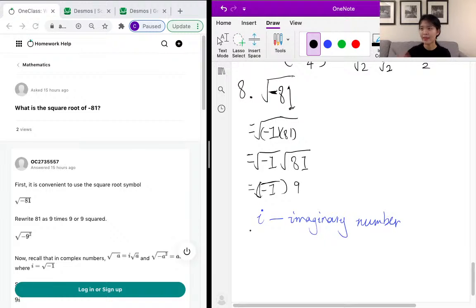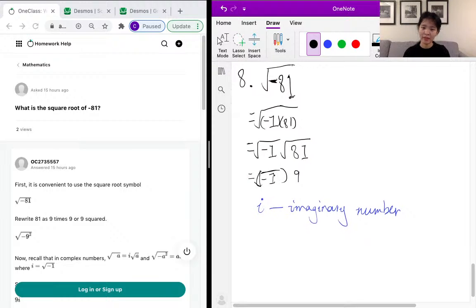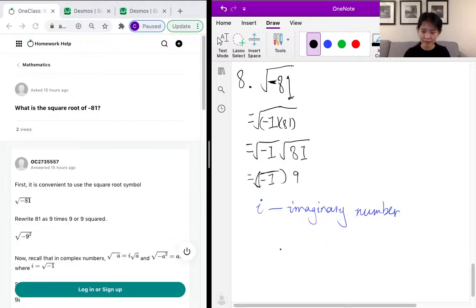But when we extend the real numbers to include more numbers, we have the complex numbers, and the square root of negative 1, or i, is the foundation of the complex numbers, which is very important in more advanced math and more advanced physics.